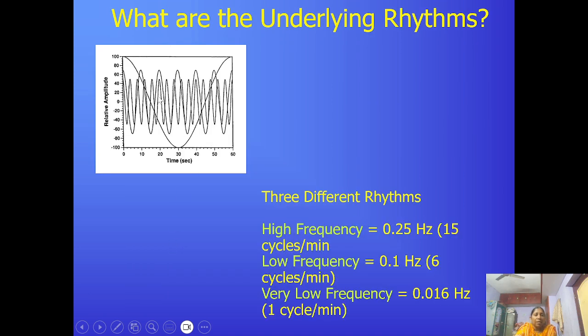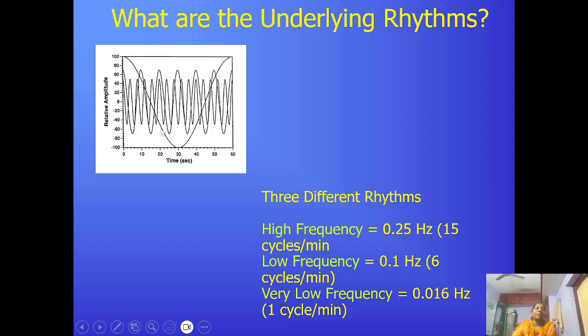Now the next signal. We have three different signals mixed up here: a high frequency signal, a low frequency signal, and the third one is a very low frequency signal. If you see the high frequency signal, you can count the number of cycles, which is 15 cycles. So 1 by 15 is around 0.25 Hertz.